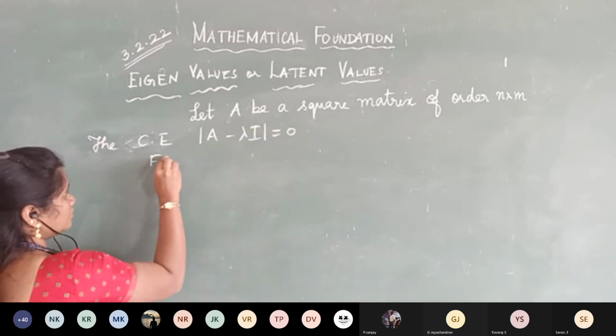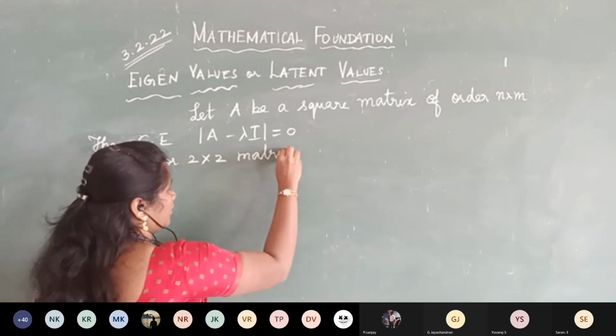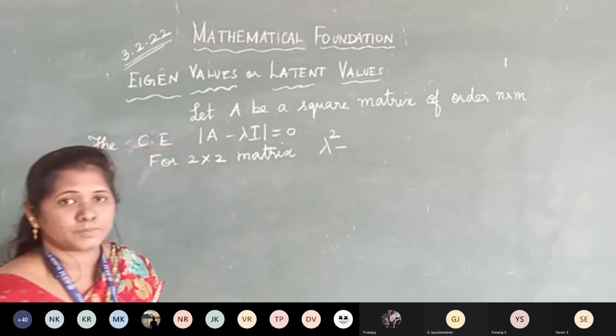For a 2 cross 2 matrix, what is your formula? Write that formula, and write the expansion also.